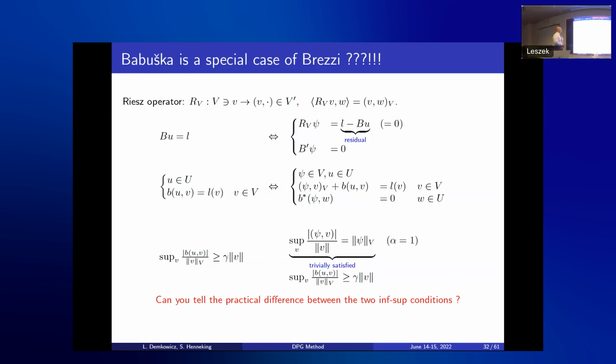What do we do? Well, if we look at the equation again in the operator form, we introduce the residual. The residual is 0. And if the residual is 0, then you introduce the Riesz representation of the residual here in the Hilbert space setting, right? And that psi is 0 as well, because the residual is 0, then the Riesz representation of 0 is 0, right?